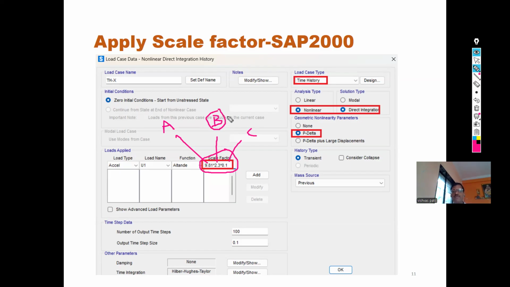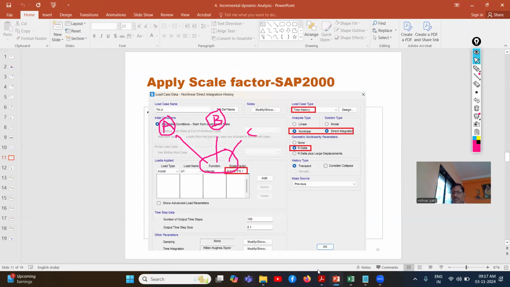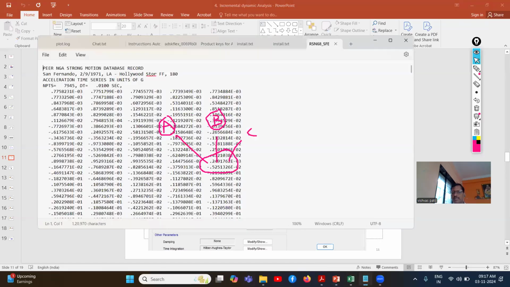So that scale factor is scale factor B. Then, what is scale factor A? 9.81. This is a scale factor which converts the time history record scale into the model record scale. I will show it. I will show one record.